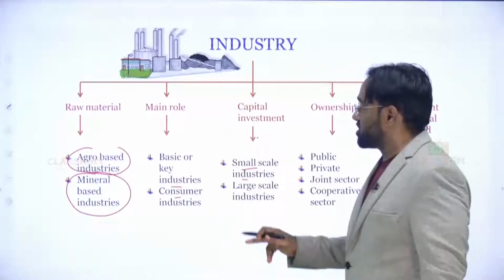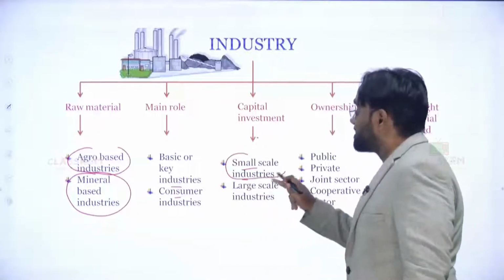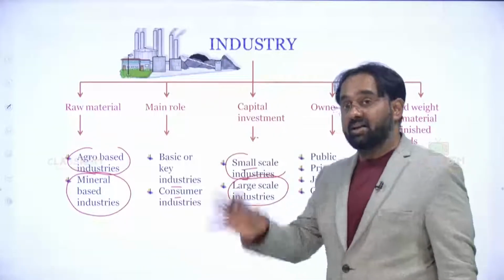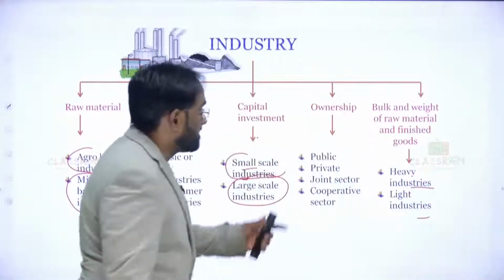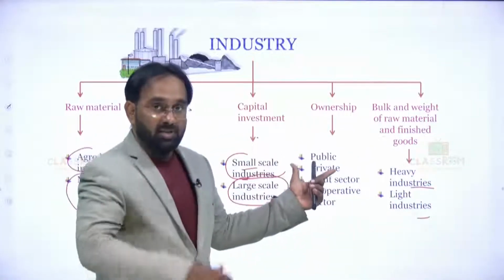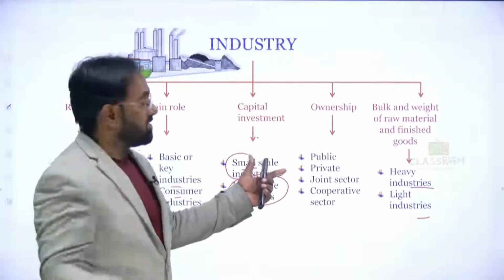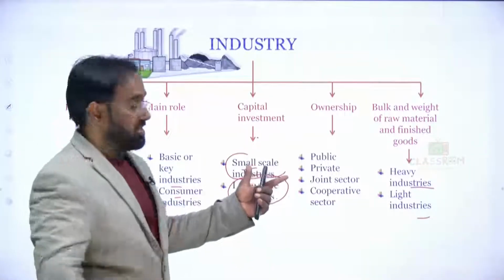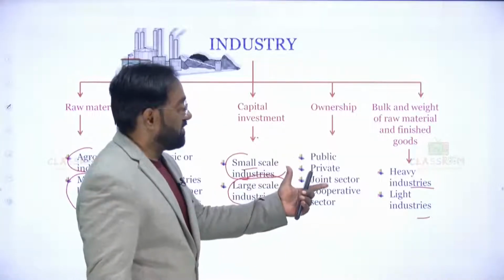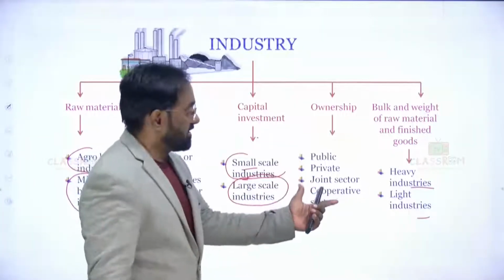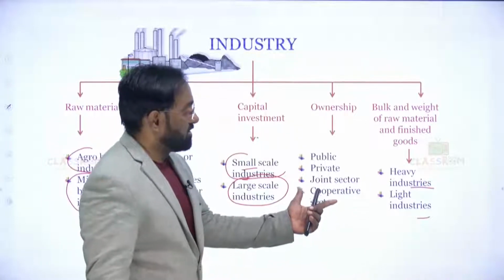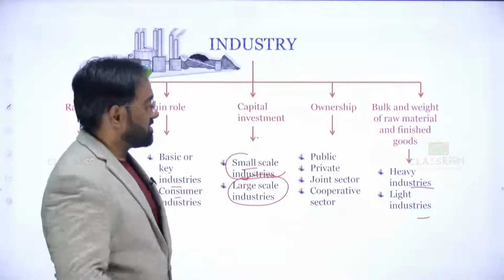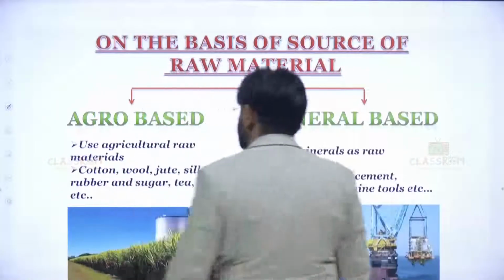Next is capital investment: small scale industries or large scale industries. Next, ownership: public ownership, industries owned by the people of this country and maintained and governed by the government of India. Private industries, joint sector, cooperative industries, corporate sector, heavy industries and light industries. These are the important things.